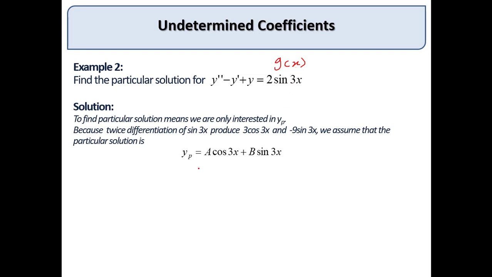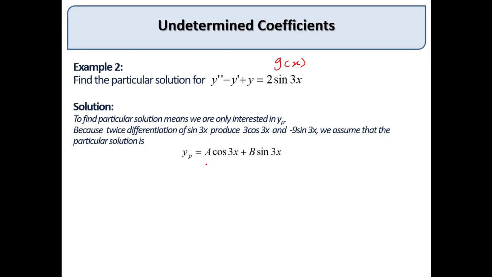Then for a sine and cosine function, we assume that yp is a combination of sine and cosine, because we know that when we perform differentiation, sine and cosine change intermittently into each other.